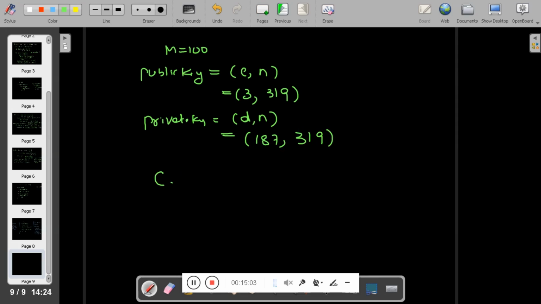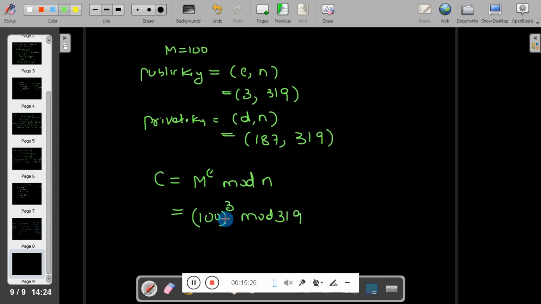Ciphertext C is nothing but m raised to the power e mod n. So the value of m is 100, e is 3, mod 319.